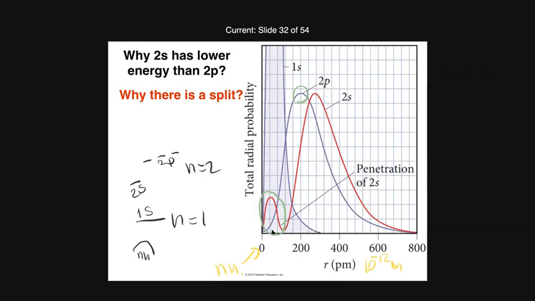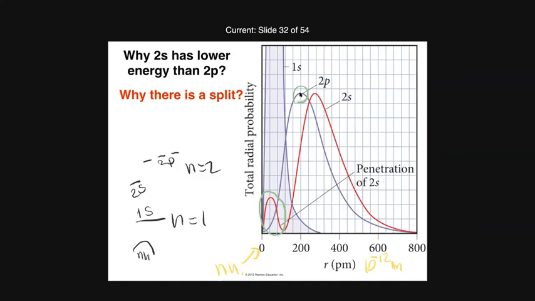Therefore, in this case, 2s has lower energy than 2p, because 2s is closer to the nucleus, it experiences a stronger attraction force, and therefore it is more stable. So 2p is a little bit further away, therefore it's going to have a higher energy state, which means it's going to be less stable.